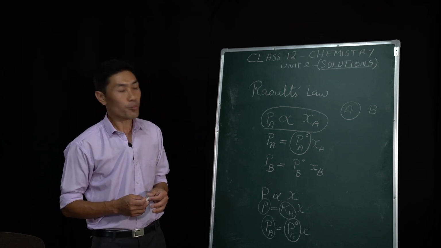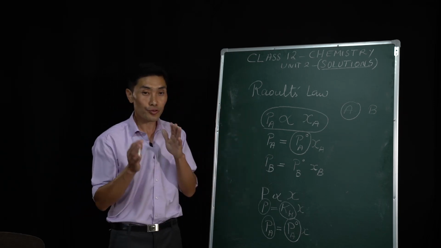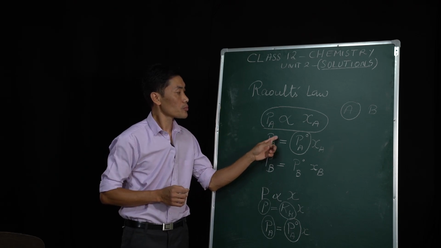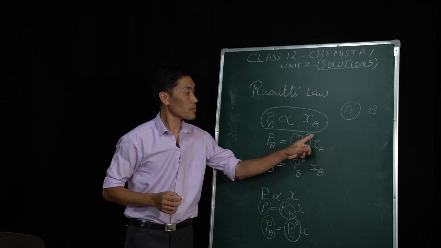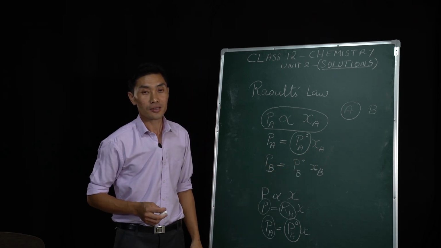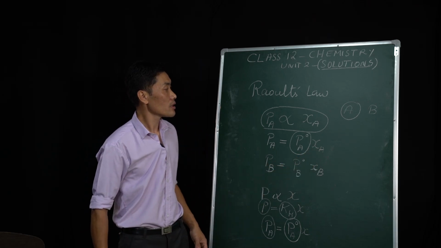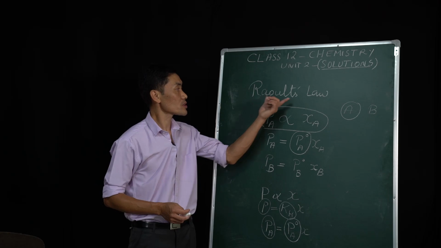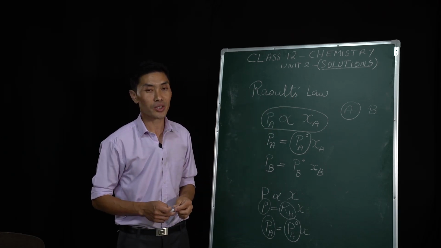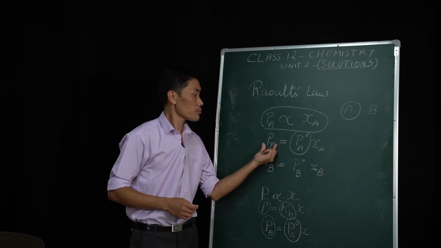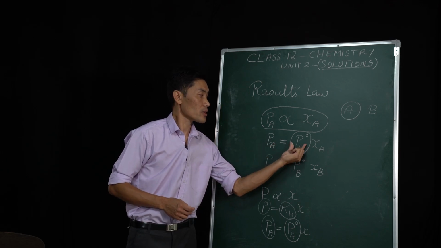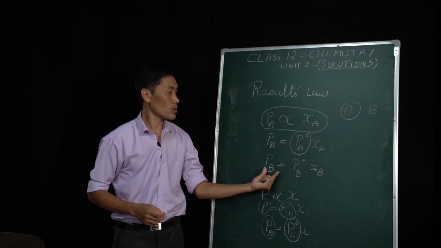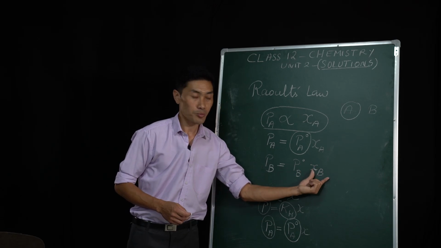Now, solutions which obey this Raoult's law, that means for which the pressure of a component is equal to the pressure of that pure component multiplied by its mole fraction, such kinds of solutions are called ideal solutions. Such solutions will obey this Raoult's law at any concentration and temperature. So PA will be equal to PA naught into XA for a component A, and for the component B, PB will be equal to PB naught into XB.